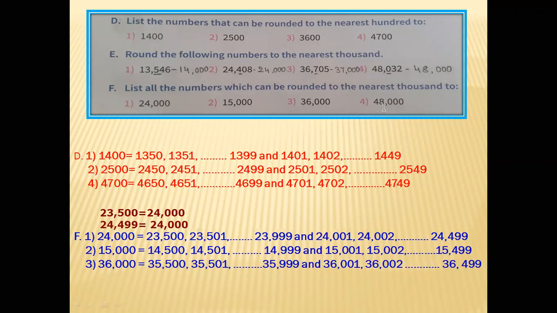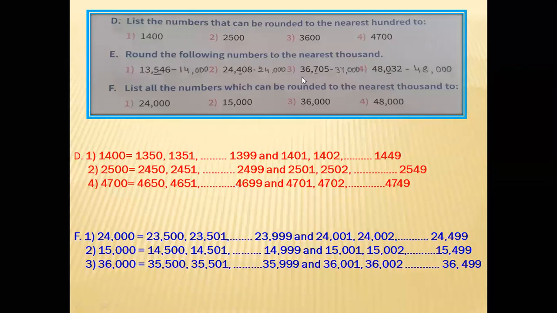Fourth one, you have to write 48,000. From which number? 47,500 to 48,499. Up to that number is equal to 48,000. You have to think and write. Don't write all numbers. Like this you have to write.